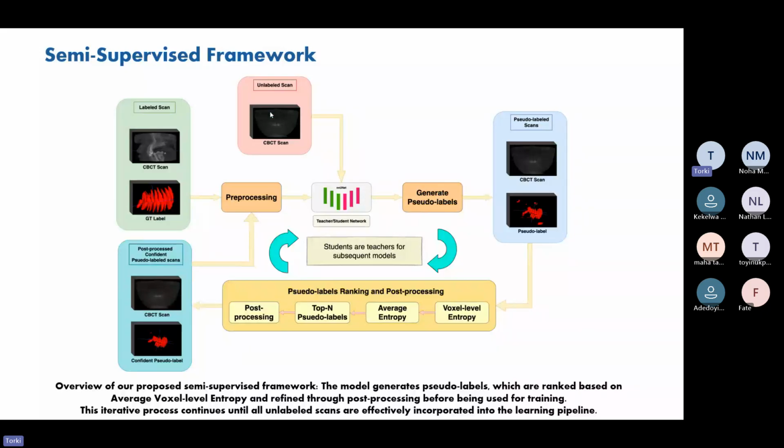So for the post-processed pseudo labels, for example, say we have 300 unlabeled scans. The ones that pass the confidence criteria, maybe in the first iteration, will be just 50 or 20 scans. We add these 20 scans to the training data and learn a better model. This model gives us new pseudo labels, and we keep the confident ones.